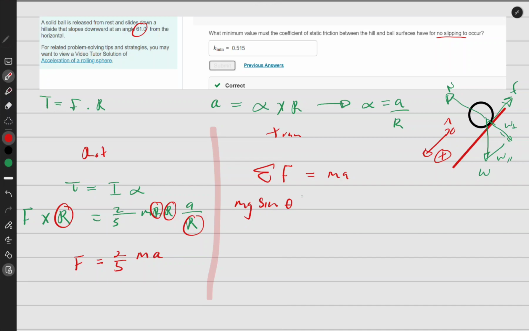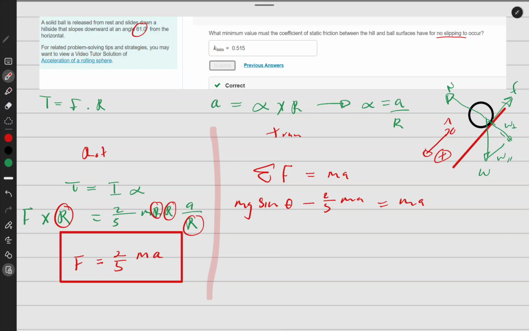That was our weight, and the other force going up was friction, but we already have an equation here for friction, right? So we can just take that equation, and that will be 2 over 5 ma, and the sum should equal ma.